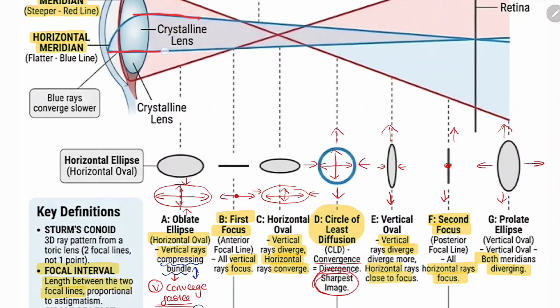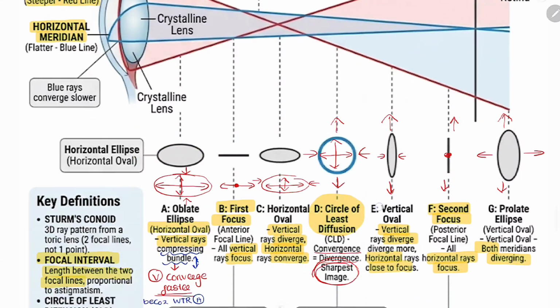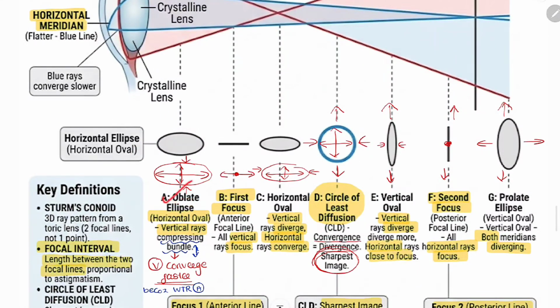Horizontal is also converging, but the vertical is converging faster. So, we will get a horizontally oval ellipse, where the vertical rays are compressing the bundle, converging faster.